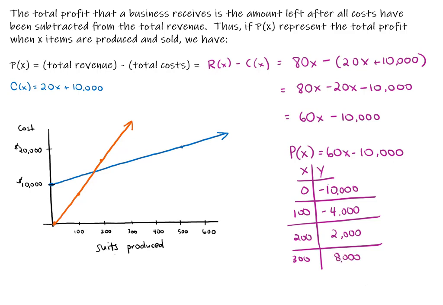And we can graph all of these. We had to extend our y-axis to get into the negatives, so we're going to start in debt. Having graphed it, we can see that it goes through the points that we said it would: 100, negative 4,000; 200, positive 2,000; 300, positive 8,000; and keeps on going up until here. So we have our cost function, our revenue function, and our profit function all graphed on the same axis.